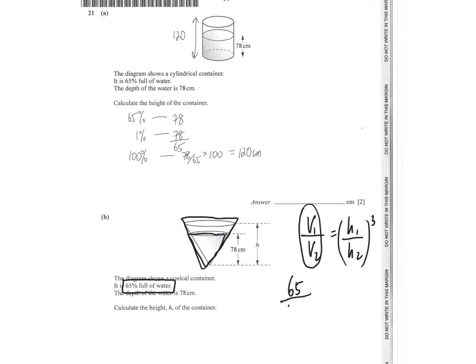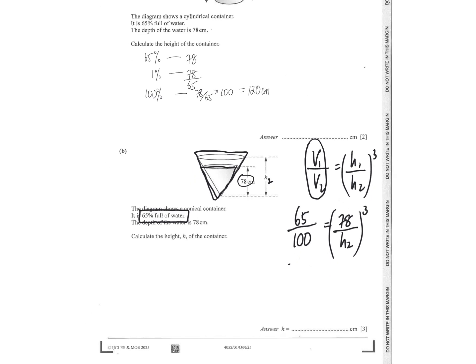So actually this thing is 65 out of 100. So my small height is 78. My big height, I don't know. I just put it as H2. Then the ratio is cube. So all you do is cube root it. And then you can solve for your H2.